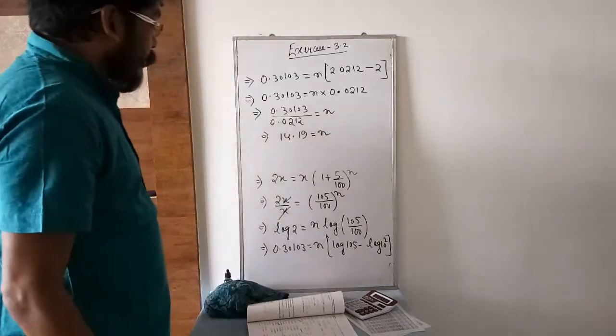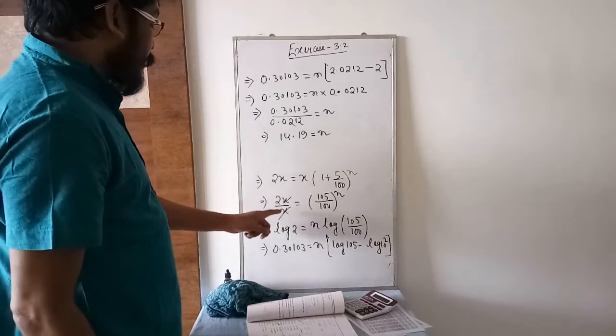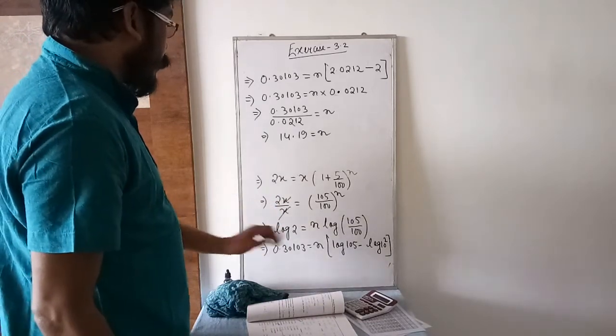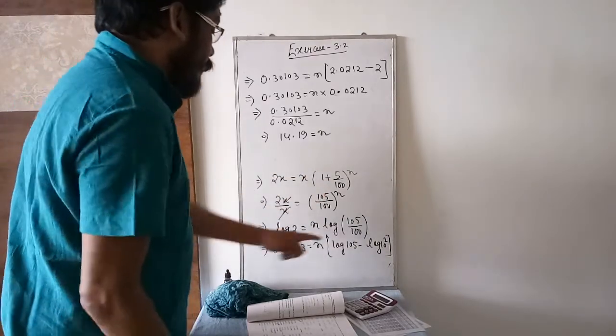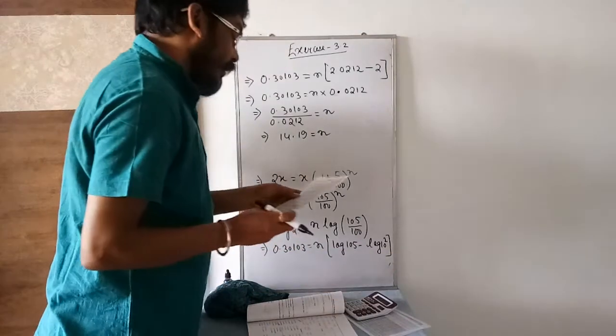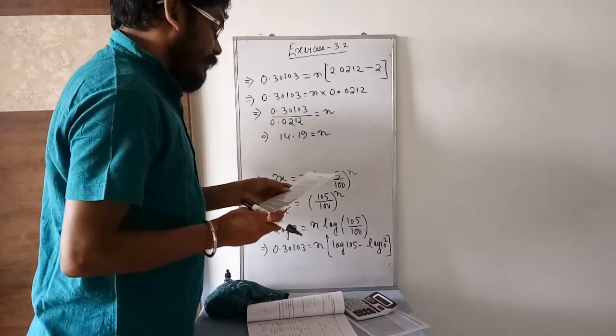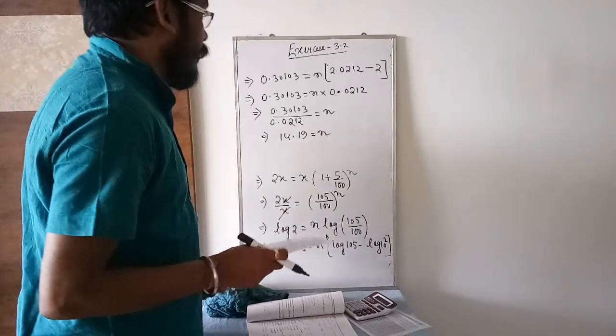If I see this, 2x equal to x, 2x by x, the x's cancel, log table 0.30103. 100 plus 5 is 105, which is 3 digits, so it is 2.105, and 105 is 0212. Here 100 means 10 square, so 2.